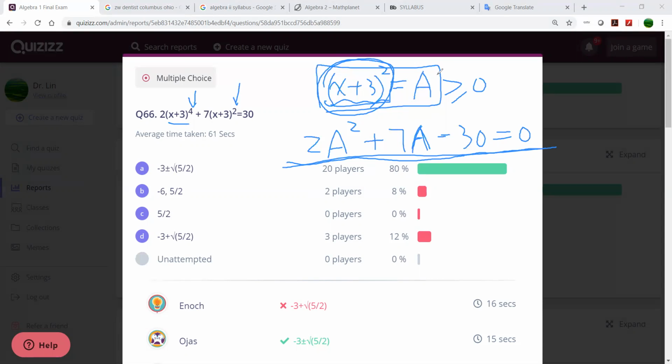All right, so we can also factor this one. A times C, A is 2, C is -30, so it's -60. We need to find their factors, and the sum of the factors will be 7. Do you guys know what numbers?